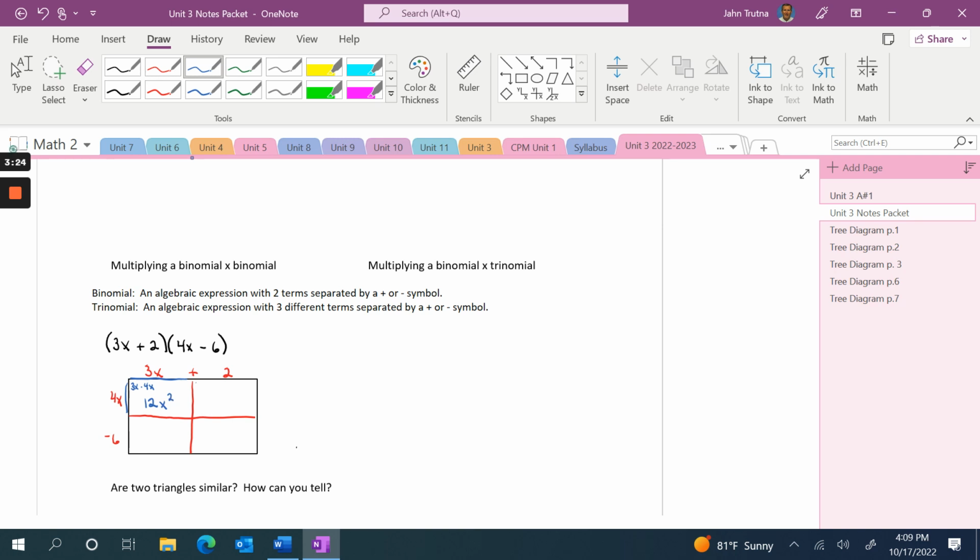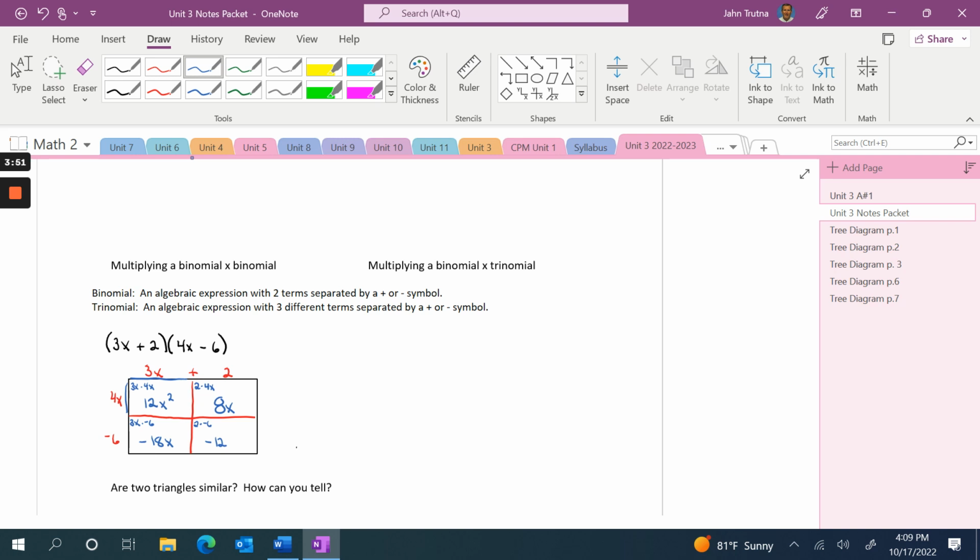In the top right rectangle, we're going to multiply the positive 2 with the 4x. That result is 8x. In the bottom left rectangle, we're going to multiply the 3x with the negative 6. That is negative 18x. And for the bottom right rectangle, we're going to multiply the positive 2 with the negative 6. That is negative 12.